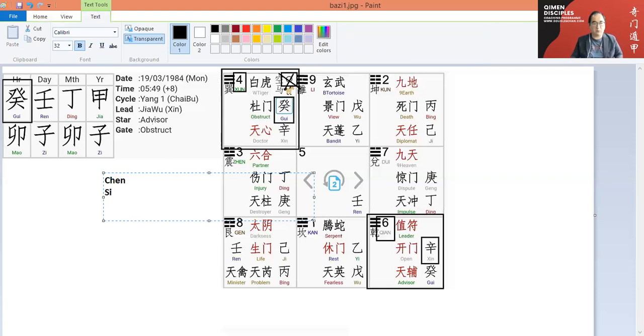And then we also have to take a look at box number 6. What is the hidden year over there? Which is Xu year and Hai year.